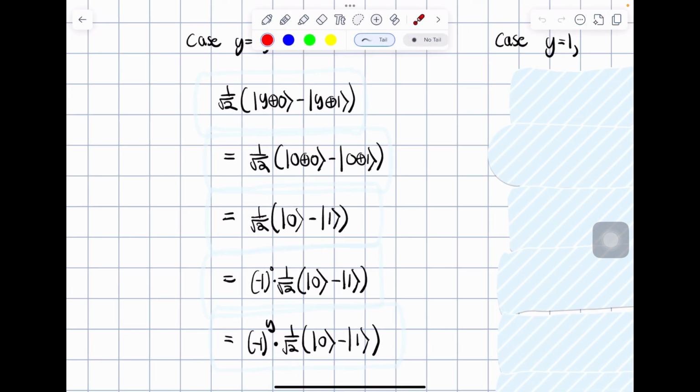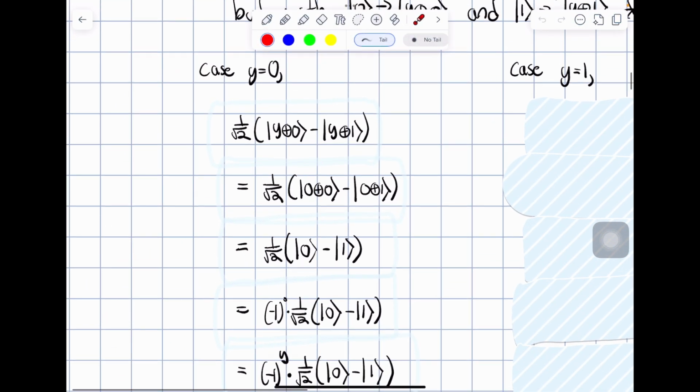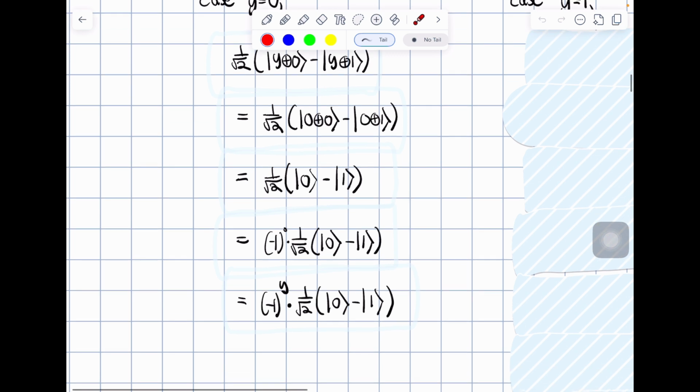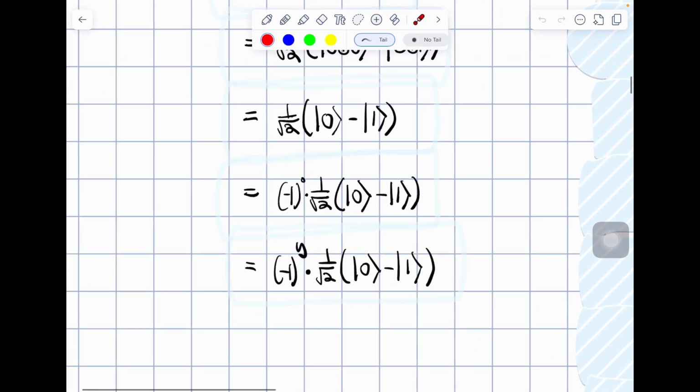We plug in 0 for y, because this is the case where y equals 0. So we get 1 over square root 2, 0 XOR 0 minus 0 XOR 1. 0 XOR 0 is equal to 0 because 0 and 0 are the same number. And 0 XOR 1 is equal to 1 because 0 and 1 are different numbers. So what we have right now is 1 over square root 2 times 0 minus 1.